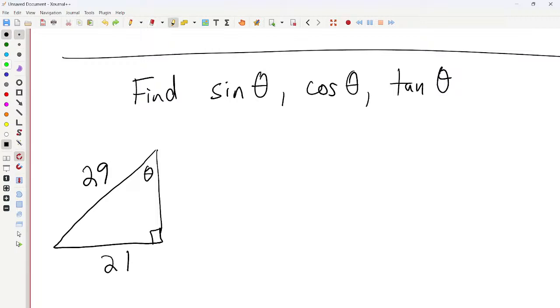Okay, I'm trying to get one last thing. So the question is, how do I know what's opposite and adjacent? We first identify the right angle. And that side is always your hypotenuse, opposite it. I just used the word opposite it.